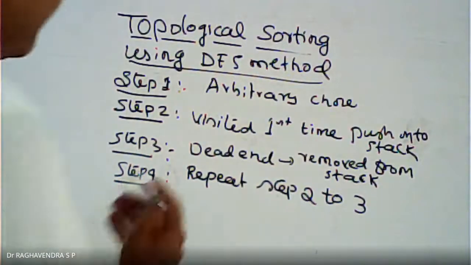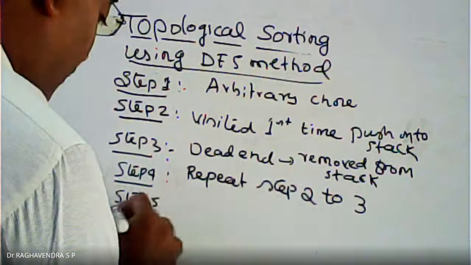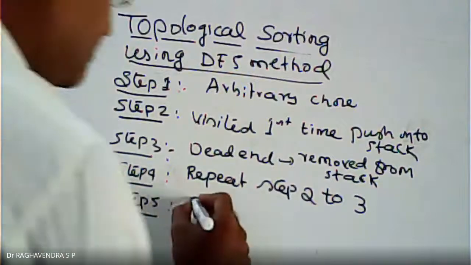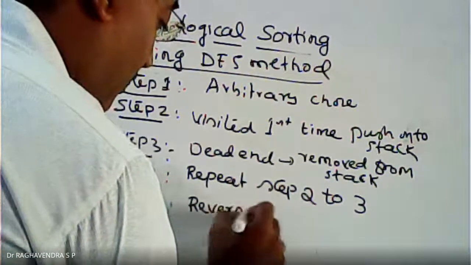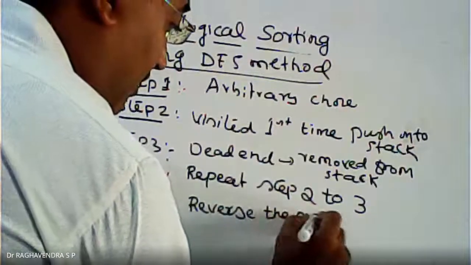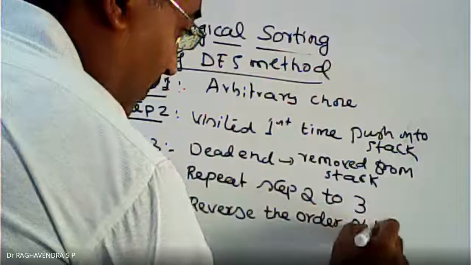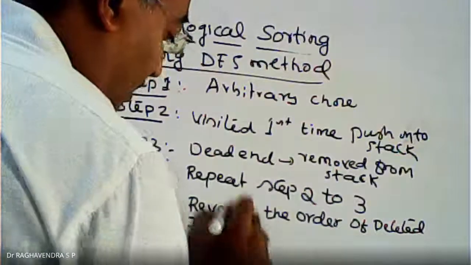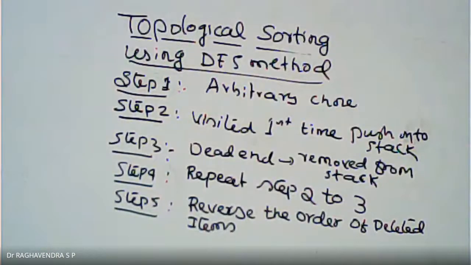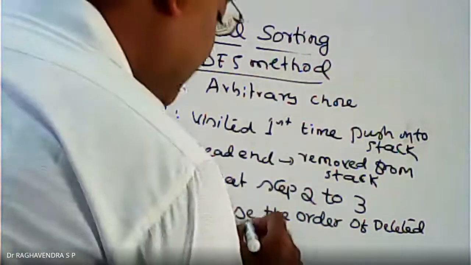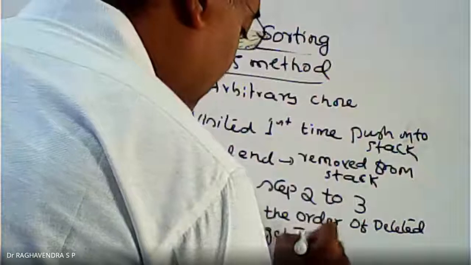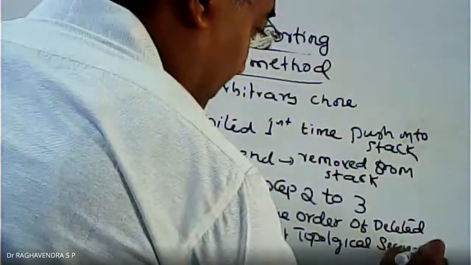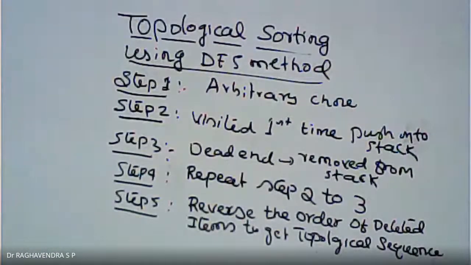Step 5. Reverse the order of the deleted items to get the topological order.